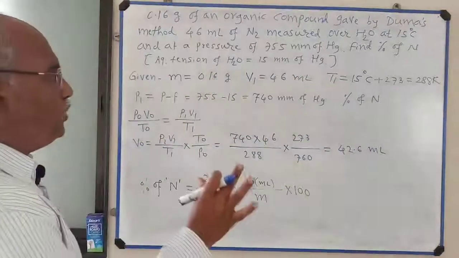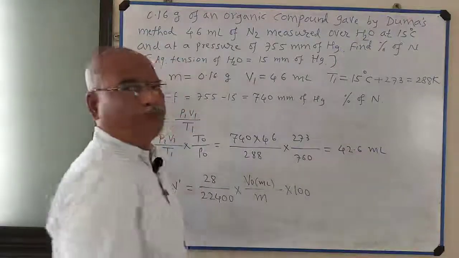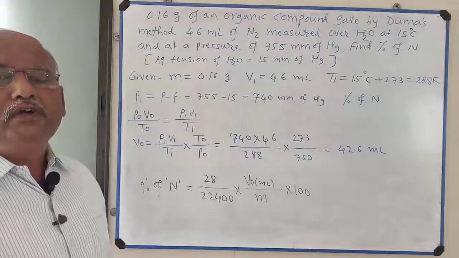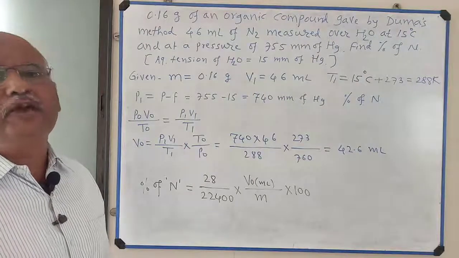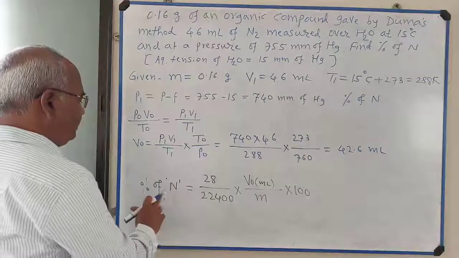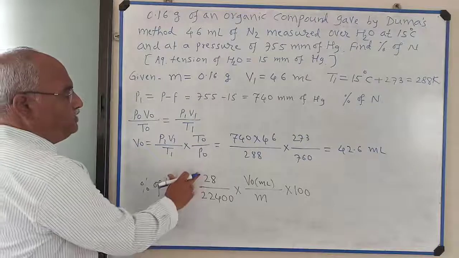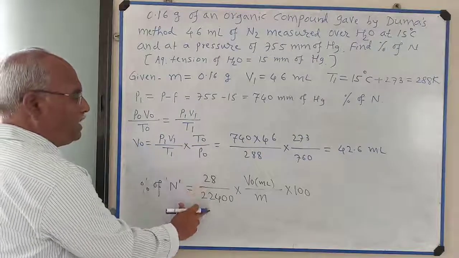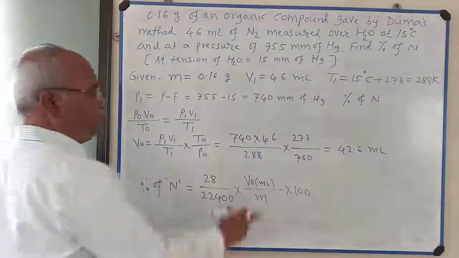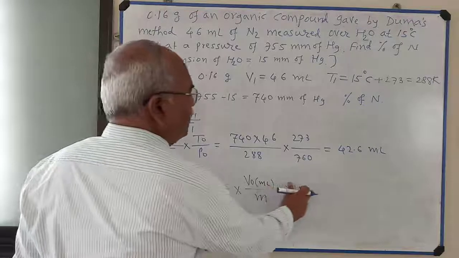This is the volume of nitrogen at STP, and from this volume we can calculate the percentage of nitrogen by Dumas method. So the formula is percentage of nitrogen is equal to 28 divided by 22,400 into phi 0 upon m into 100.